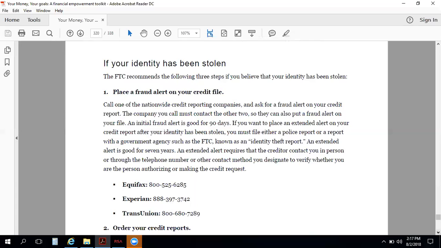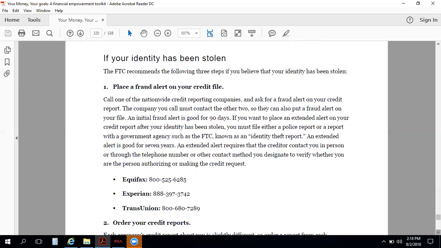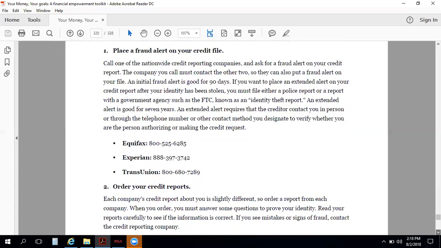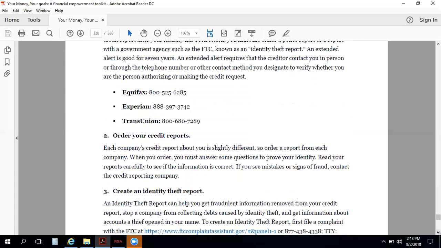Basically, they can contact the 3 credit report bureaus and verify with them that the identity has been stolen and ask them to put a fraud alert on the accounts, order the credit reports, and make sure that everything on there is legit in terms of the accounts that are open and the balances owed.